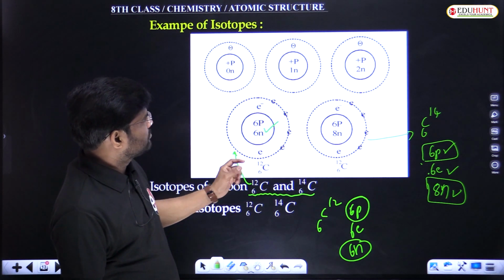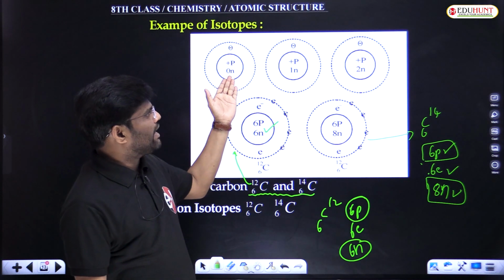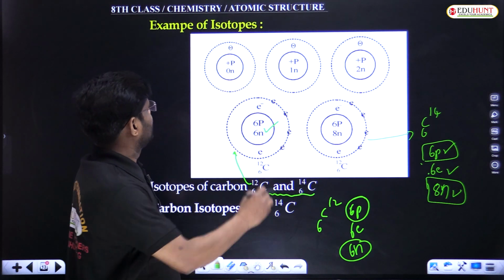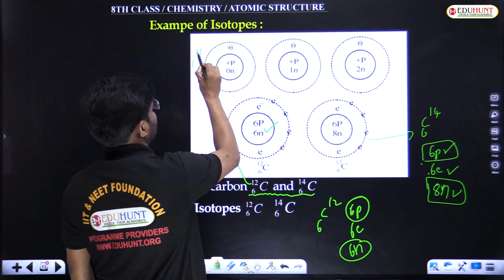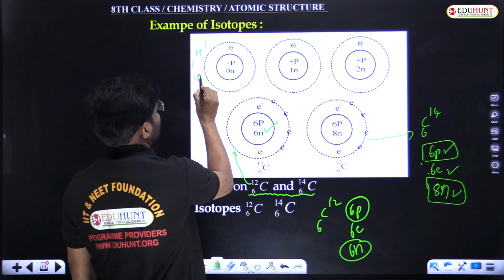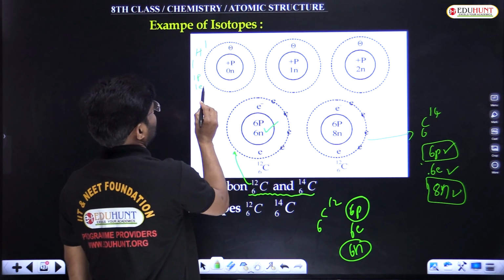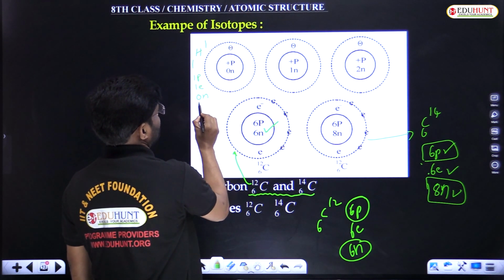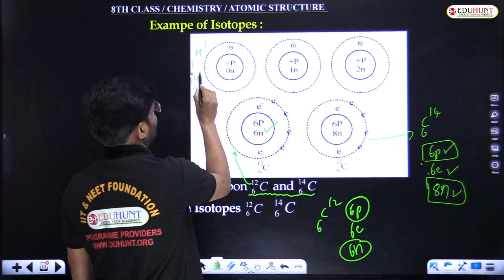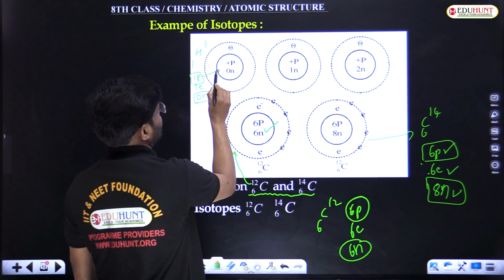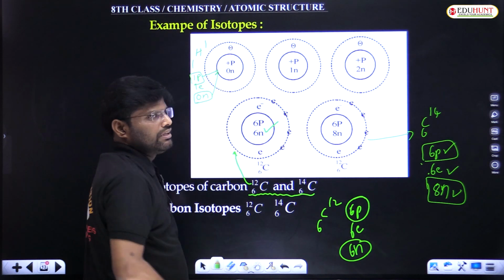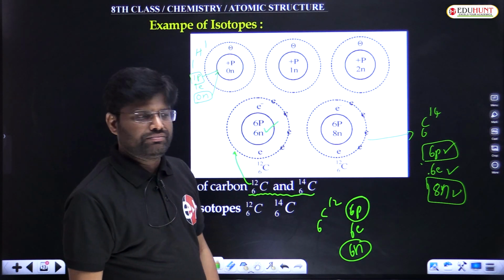Now the isotopes of hydrogen. This is 1H1: 1 proton, 1 electron, 0 neutrons, and the proton is at the center of the atom.